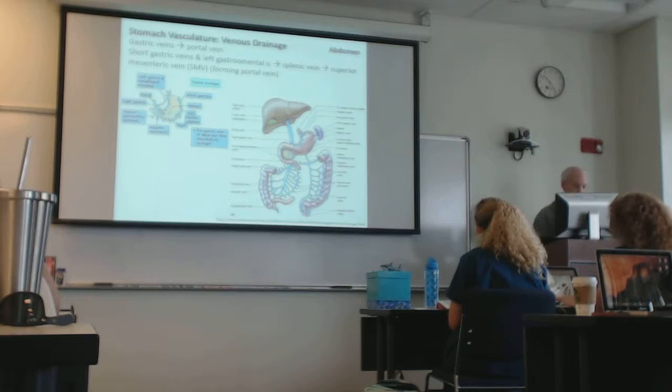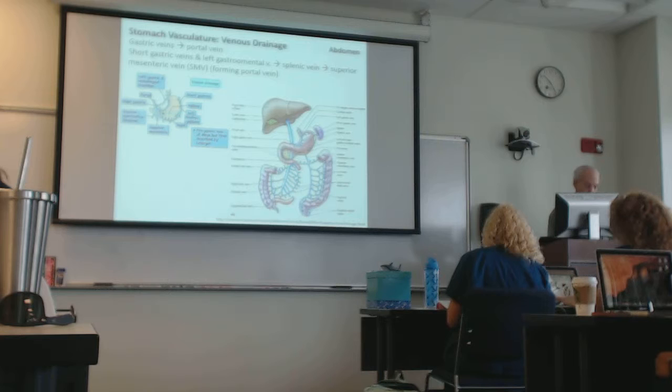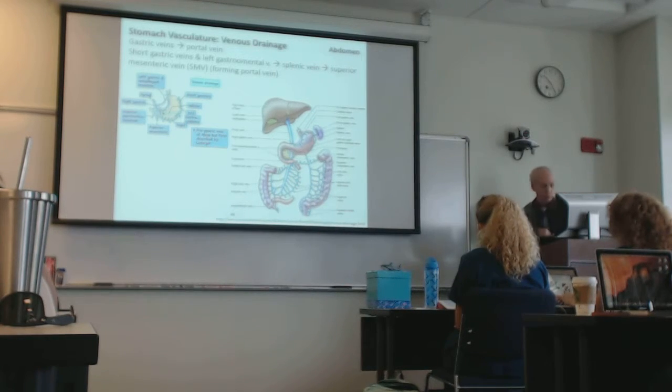So the drainage for the stomach is primarily into the celiac and superior mesenteric. A portion of it is going to go, especially from the left gastric vein and the left epiploic, into the splenic vein and then back into either the superior mesenteric or the portal. And bear in mind, as we indicated when we talked about the arteries, there's considerable variation.